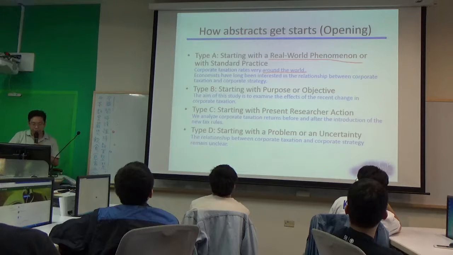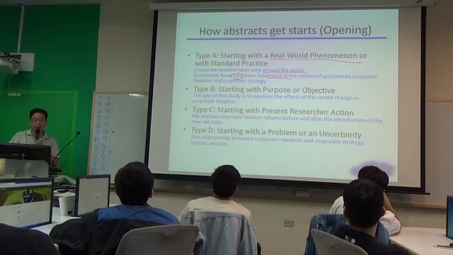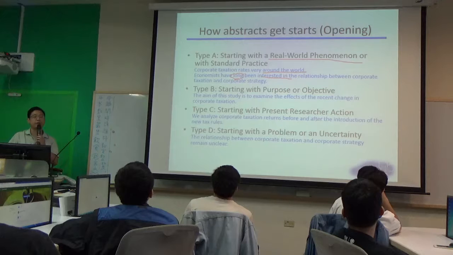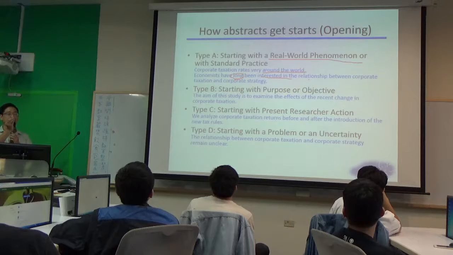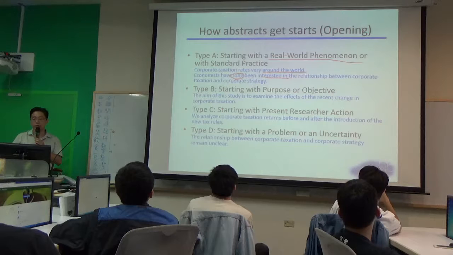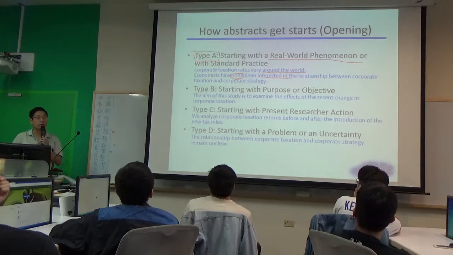And economists have long been interested. Someone interested in something for a long time, have long been interested in. So this is something interesting in the world for a long time. So also this is a real world phenomena. This is type A. Okay.